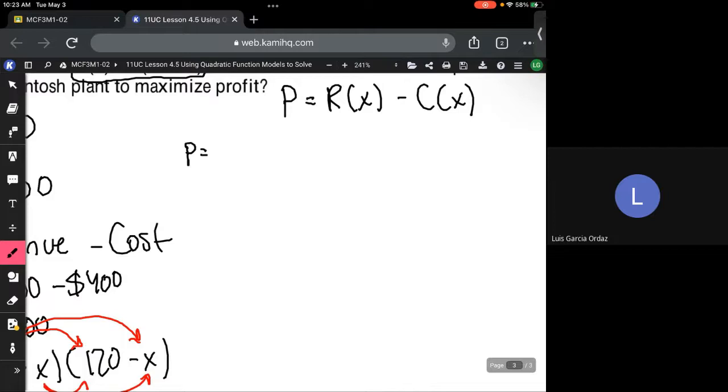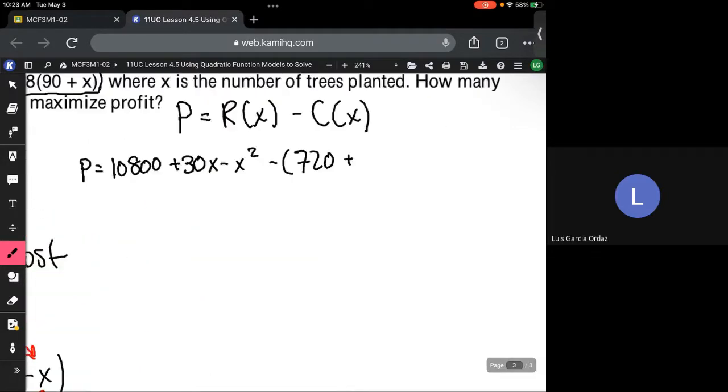My revenue simplified is 10,800 plus 30x minus x squared, and then I have to subtract the cost, minus 720 plus 8x. When I have a negative outside of the bracket and I want to remove the bracket, what happens to all of the signs?